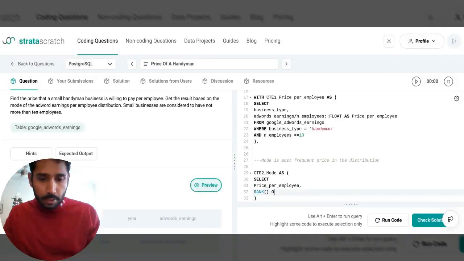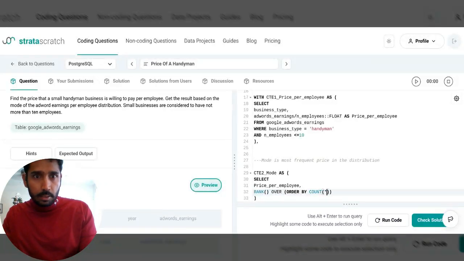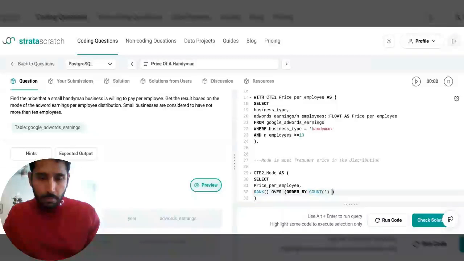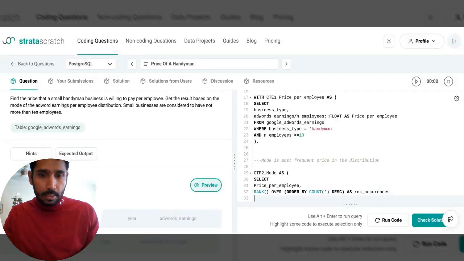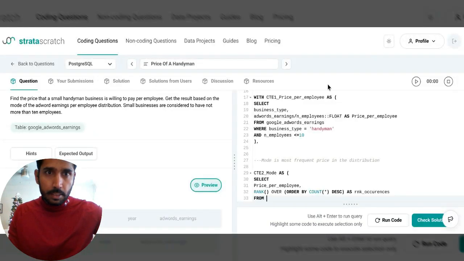Rank over, we don't need to partition, it's just a single metric here. Order by the count star number of records, and we want to sort in descending order as rank of occurrences, from the first CTE.